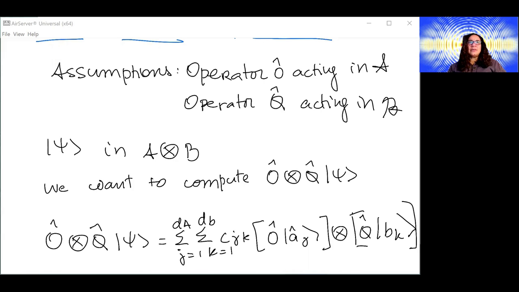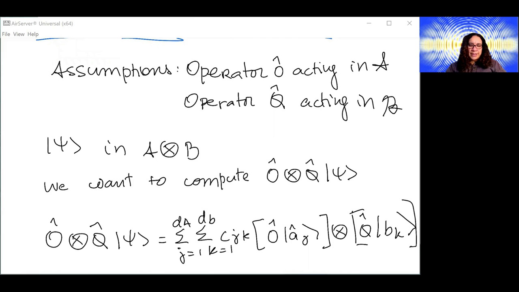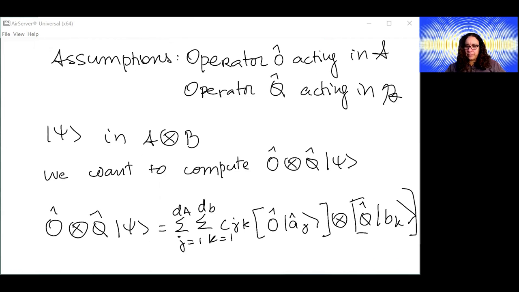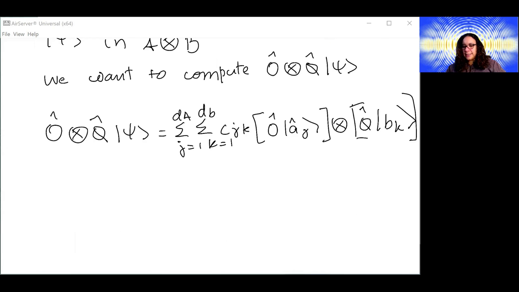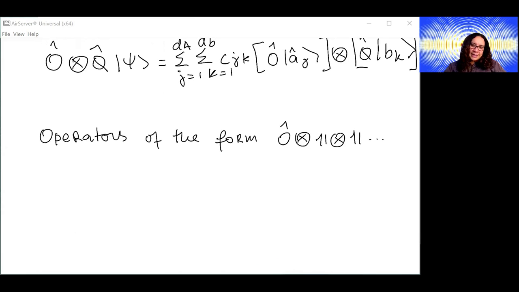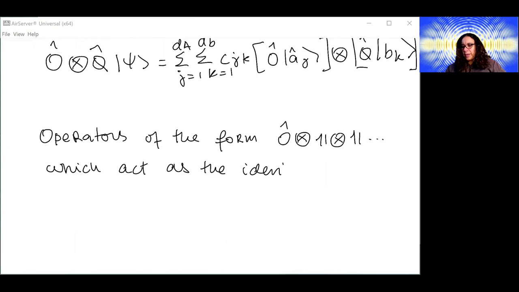So the tensor product is going to act like this, and you find sometimes operators of the form O times identity, etc. So they will act as the identity in all but one subspace.